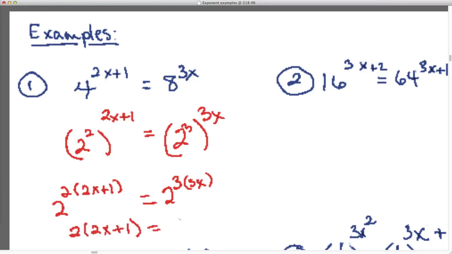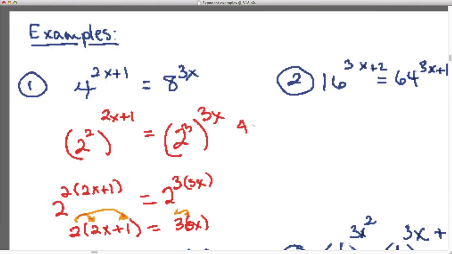Then you just solve for x. So I think I ran out of space a little bit, wrote too big. So if I have 4x, now what I'm doing is I'm taking this 2 and distributing it to both of these, and I'm going to multiply these two 3's together.